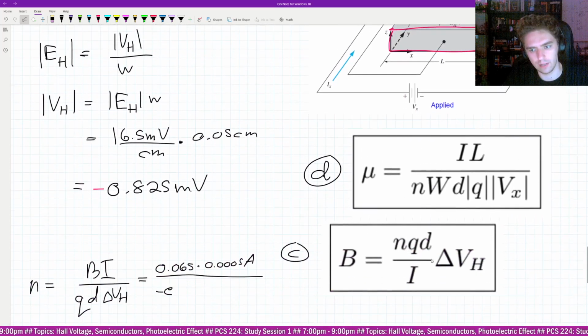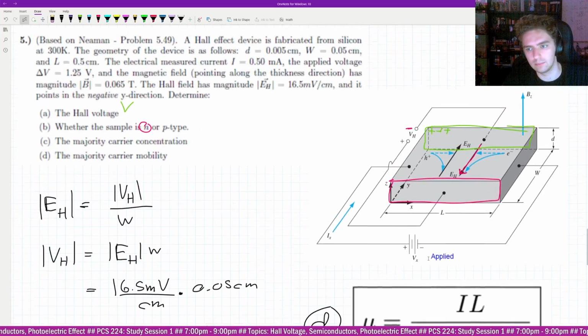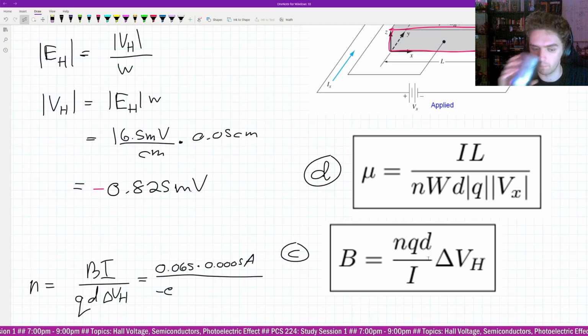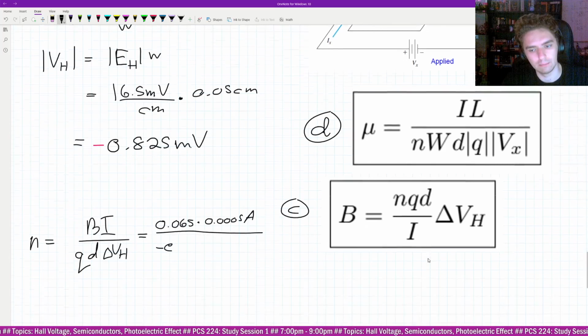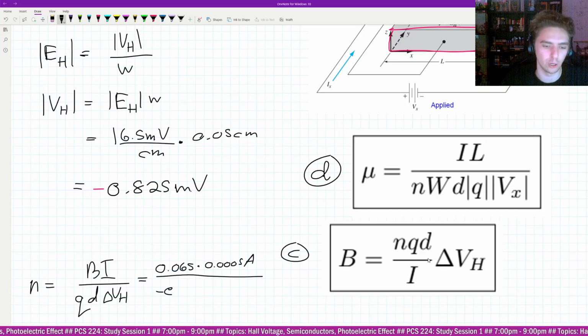Should that be an absolute value? N doesn't have to be positive, so it doesn't matter. Actually, delta V Hall is negative and e is negative, so that'll cancel out.